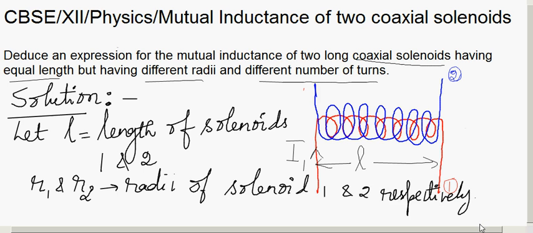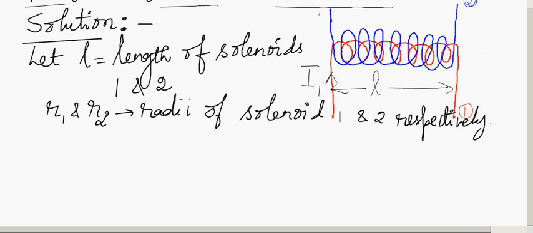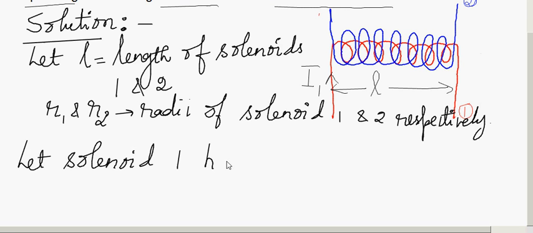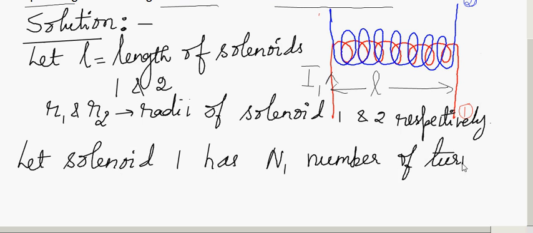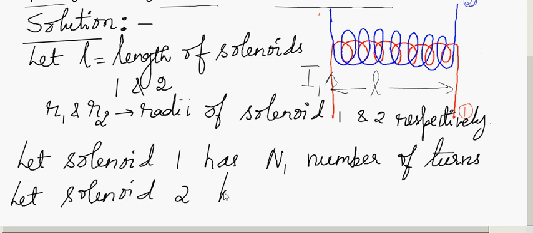Let solenoid 1 have N1 number of turns. Let solenoid 2 have N2 number of turns.